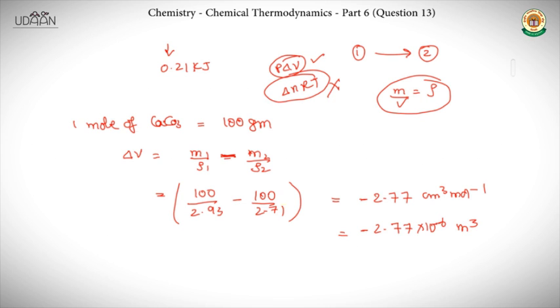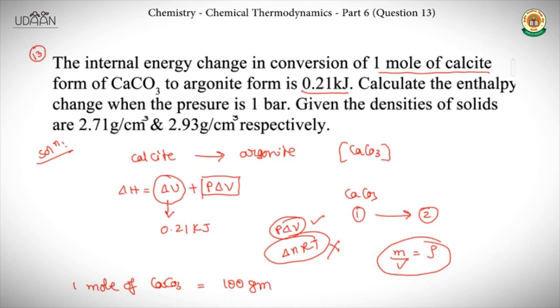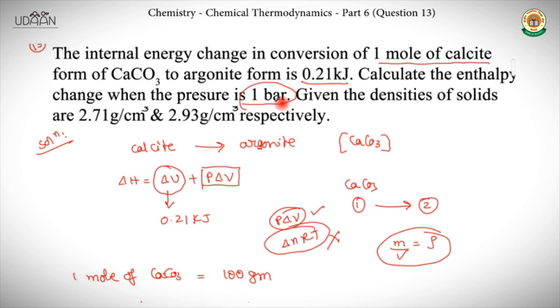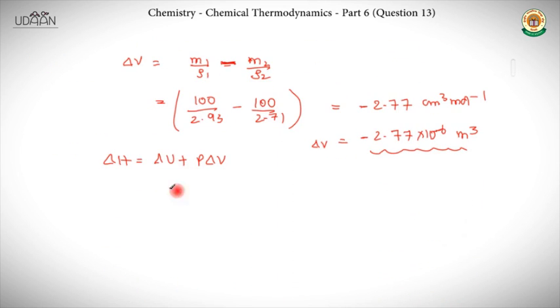So again back to our equation: delta H equals delta U plus P delta V. This is delta V, and pressure they gave as 1 bar, so P equals 1 bar, which implies 10 power 5 pascals. And the internal energy, they gave directly, 0.21 kilojoules, which is 0.21 into 10 power 3 joules.